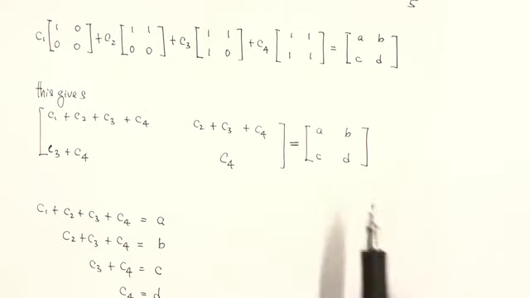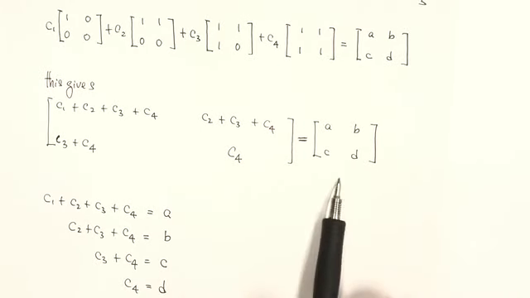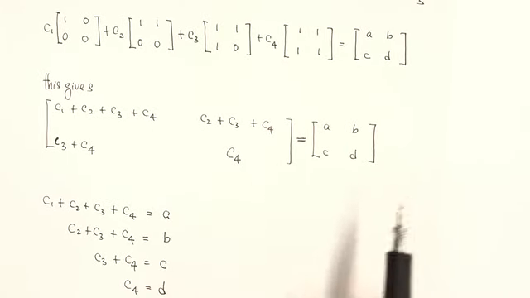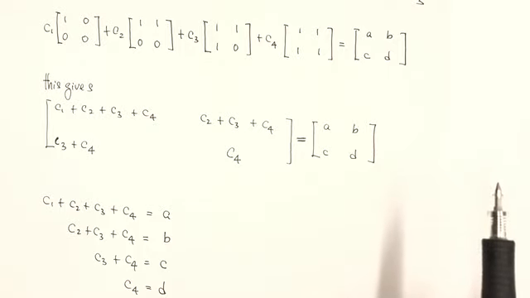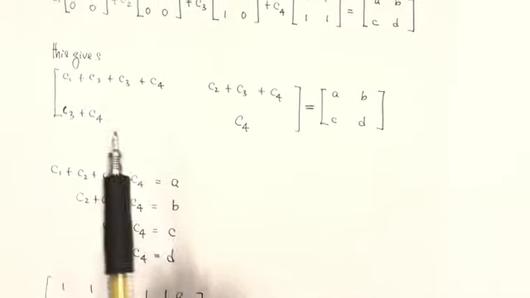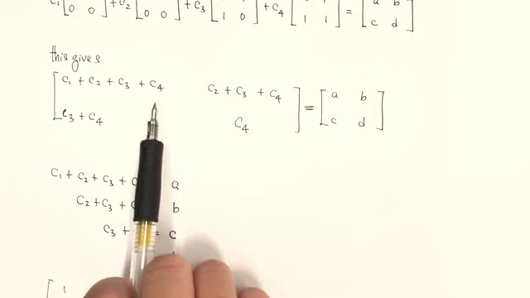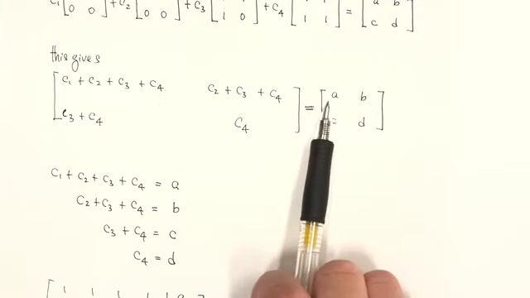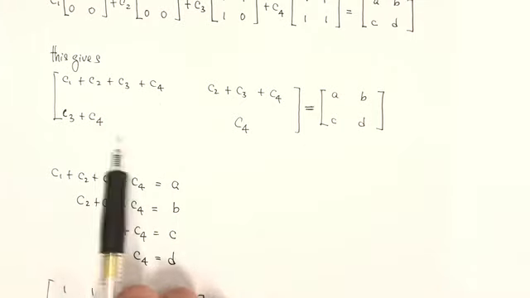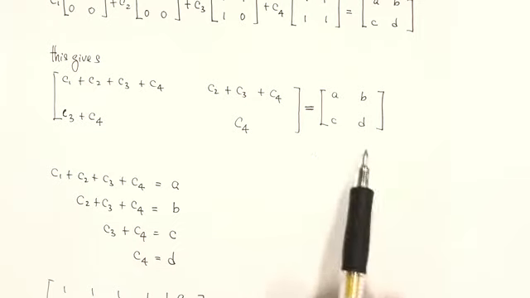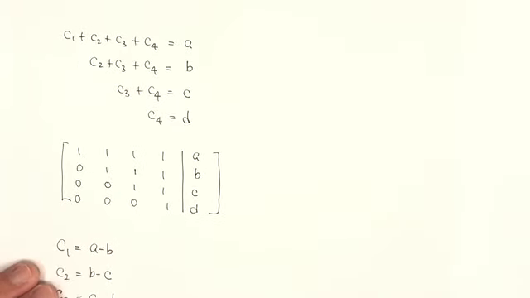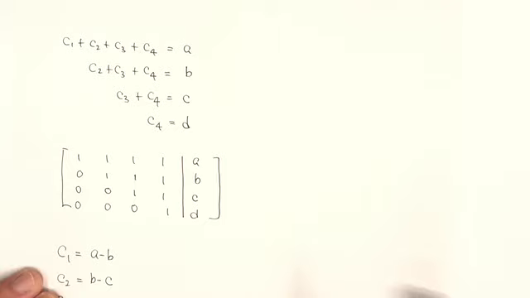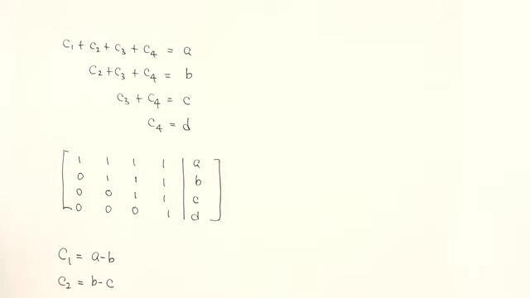All right. So the equality of these 2 matrices will give us a system of 4 equations, because the sum of C1, C2, C3, C4 will have to equal a, this will have to equal b, this will have to equal c, and this will have to equal d. Once we have this system, it is actually very clear that this system is consistent.